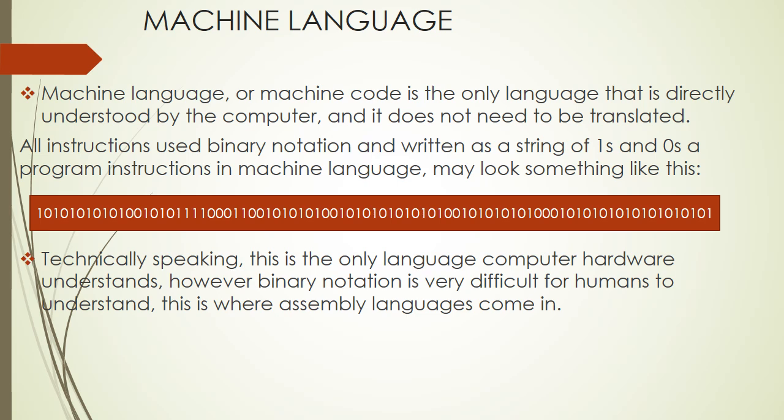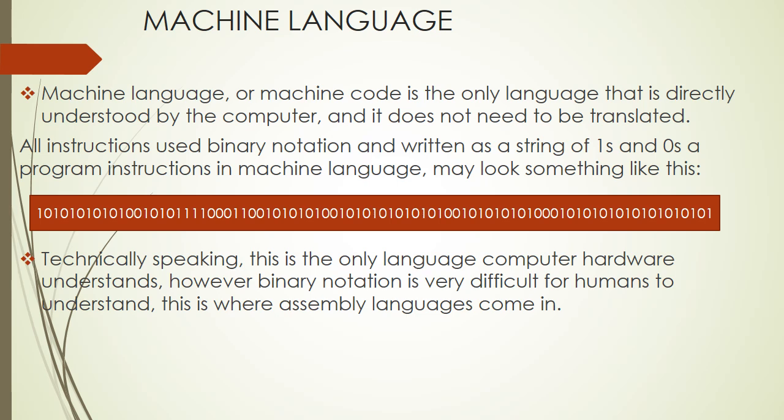For instance, in Notepad, you can use binary numbers to provide different designs, since the hardware only understands 1 and 0s, which are binary codes. All instructions use binary notation and are written as a string of 1 and 0s.